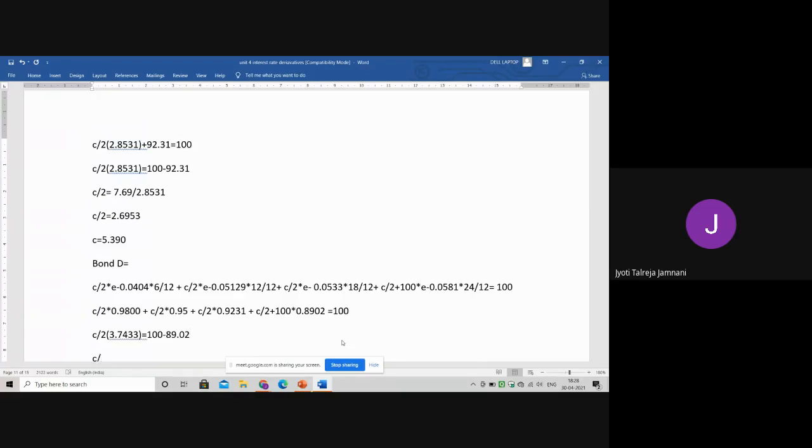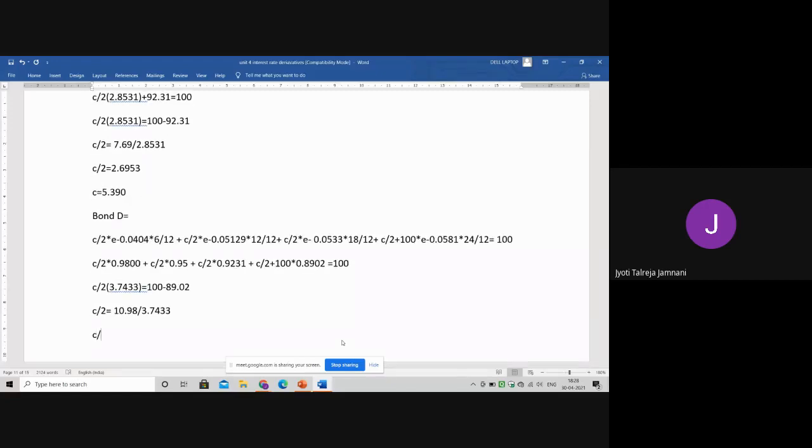So C by 2 is equal to 100 minus 89.02, which is 10.98, divided by 3.7433, which is 2.933. C by 2 is equal to 2.933.